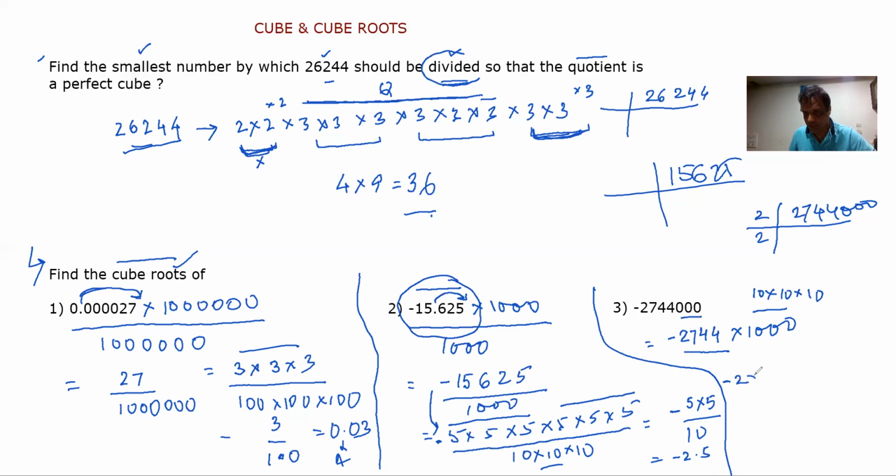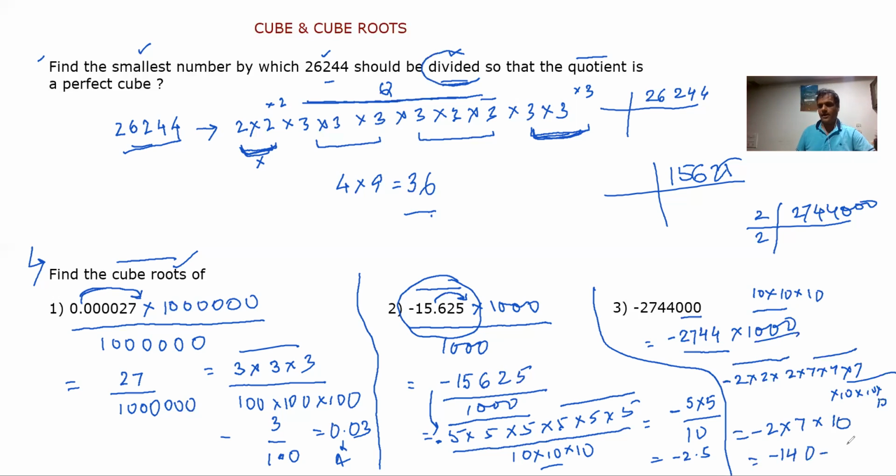Minus 2 into 2 into 2 into 7 into 7 into 7 into 10 into 10 into 10. Taking one from each group, minus 2 into 7 into 10, which is minus 140. This is the answer.